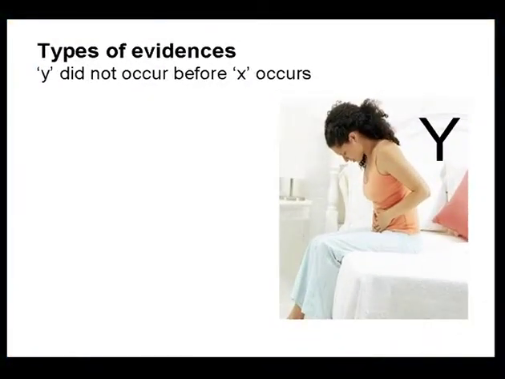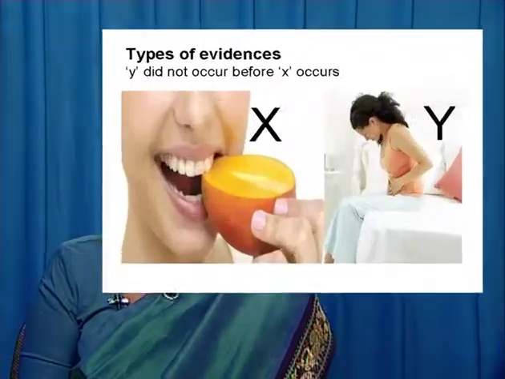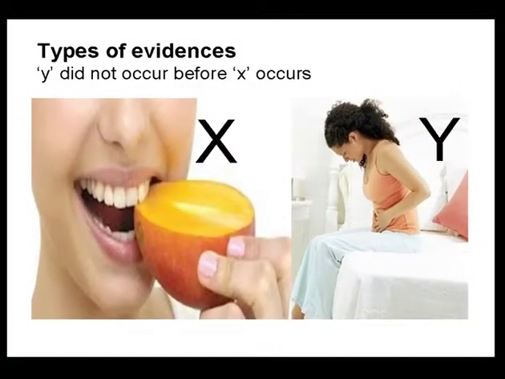The second one is that Y did not occur before X occurs. Since we are choosing two groups and apply a variable, we have to ascertain its effect on one group. This being the case, the differences in these two groups after exposure of one of them to X can be said to have decisively followed X. The example is again stomachache and mango eating.